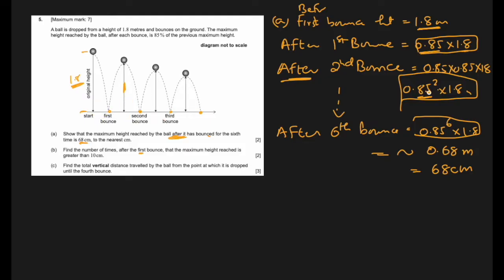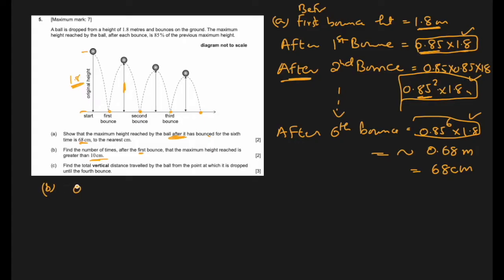After the first bounce it is this, after the second bounce it is this, after the sixth bounce it is this. So let's see, whenever it reaches 10 centimeters, every height before that bounce will be the number of times it is more than 10 centimeters. So what I'm trying to say here is this.